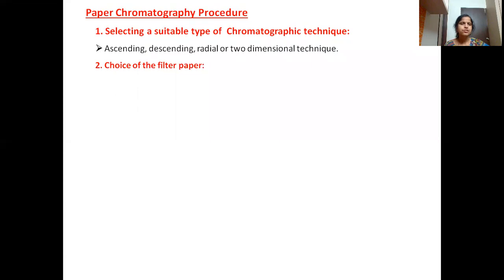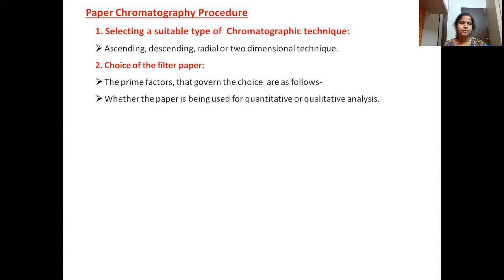The second step is the choice of the filter paper. Because the separation is taking place on the filter paper, this is a very important point. So what are the criteria or factors that we have to check while selecting the filter paper? The first is whether the paper is being used for quantitative or qualitative analysis.